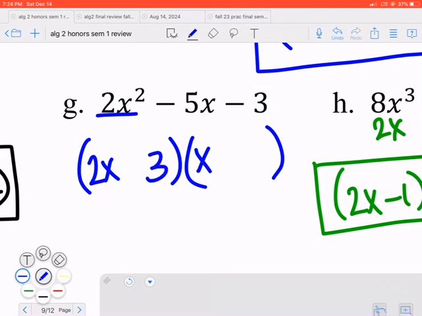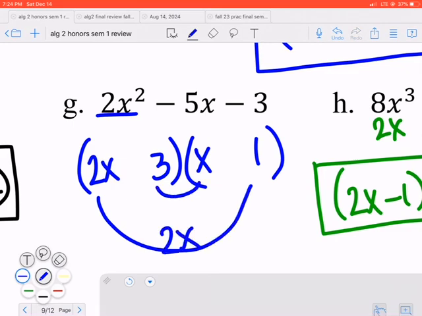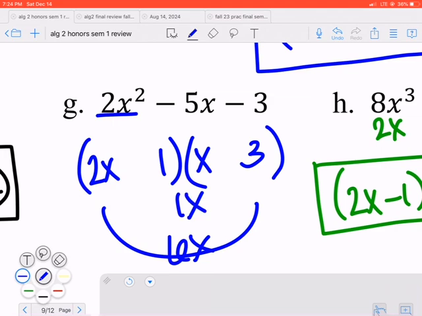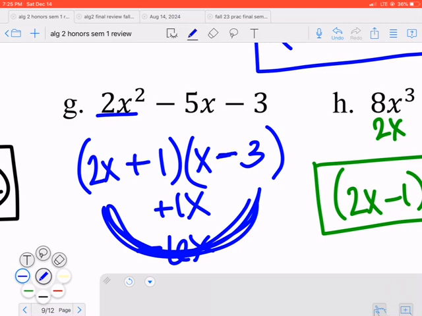The only thing that multiplies to 3 is 3 and 1. So we just have to decide, is it 3 and 1 or is it 1 and 3? You get that by just testing it. So I'll try 3 and 1. And we know one of them has to be negative. 2x, 3x. Those are not going to have a difference of negative 5 because one of them will be negative. So I'm going to try 3 and 1. 6x and 1x. That has a difference of 5, but it's got to be negative 5. So that means the 1 would be positive and the 6 is negative.